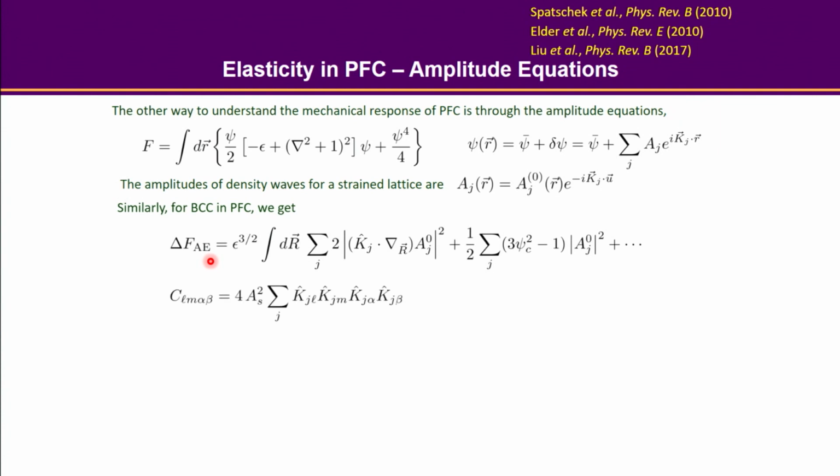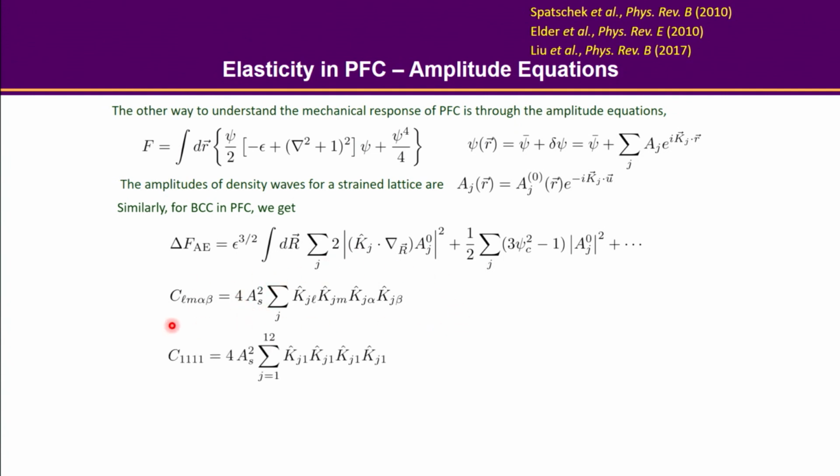So if you work that out, the structure afterward is not going to change. So you still have something proportional to A squared. And also the important thing is that there'll be this product of K and a sum over the 12 reciprocal lattice factors. So if you do that calculation, you will find out that the prefactor will be 4, and that's it.